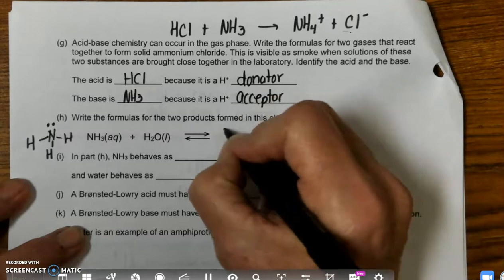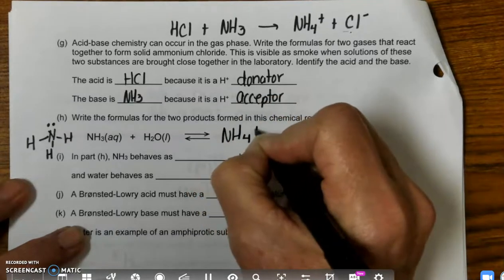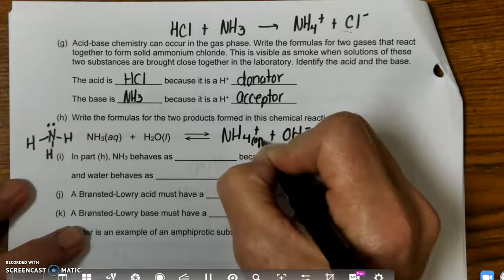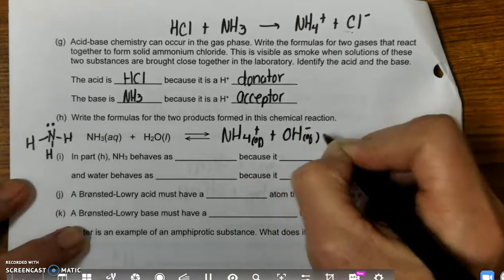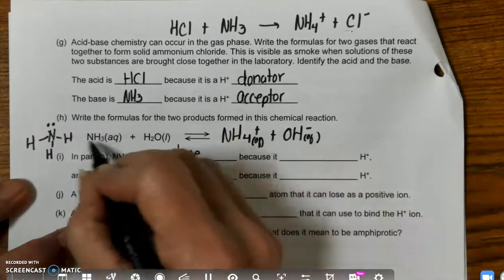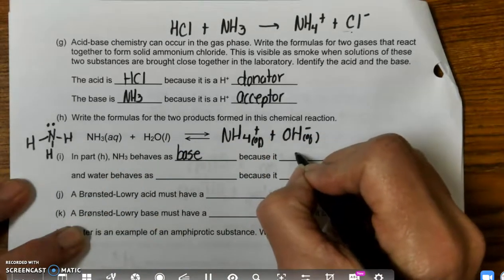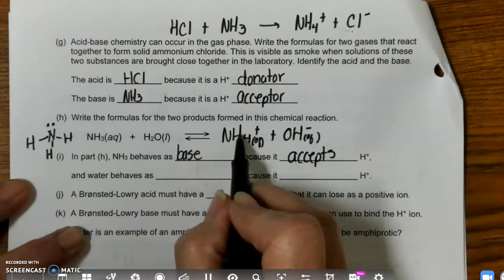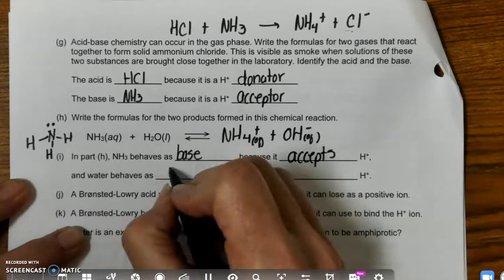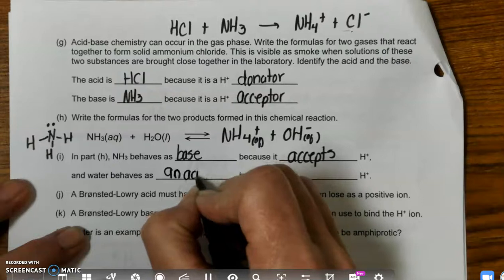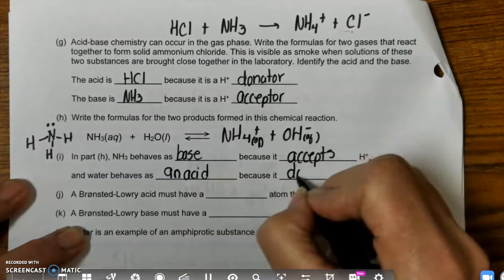And when it does that, it makes NH4+ plus OH-, and these are both aqueous. NH3 acts as a base because it accepts the proton from the water to give NH4+, and water behaves as an acid because it donates a proton.